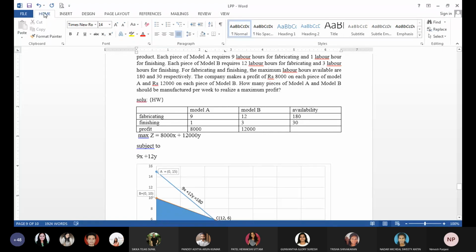So greater ना, maximum बोला शायद. मैक्सिमम बोला है ना, मैक्सिमम लेबर आवर्स. मतलब उसका मीनिंग क्या हो गया? 9x plus 12y should be at most 180.